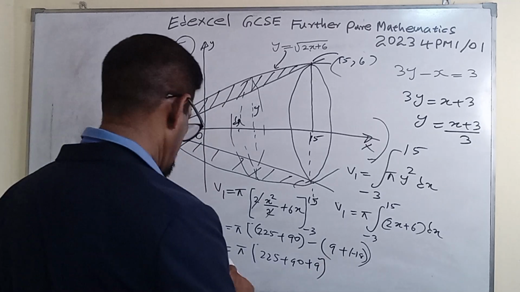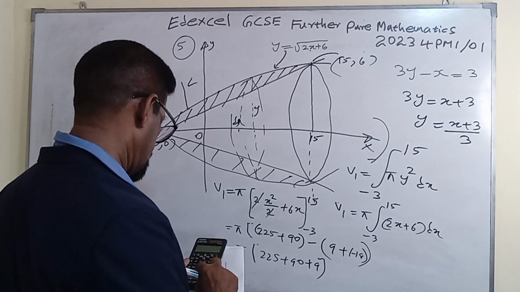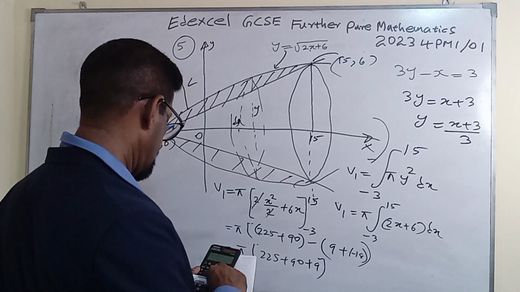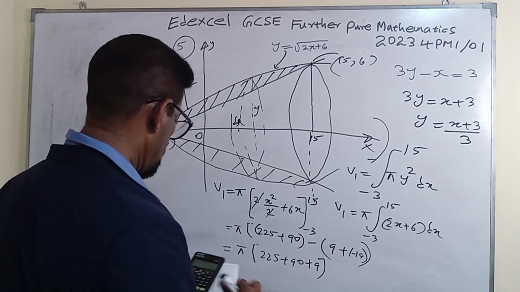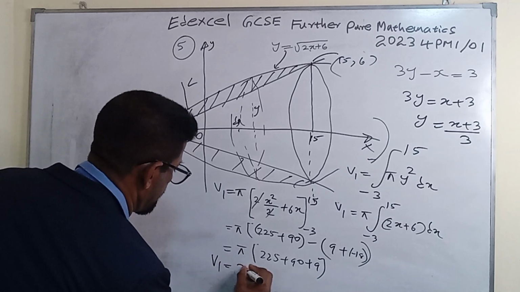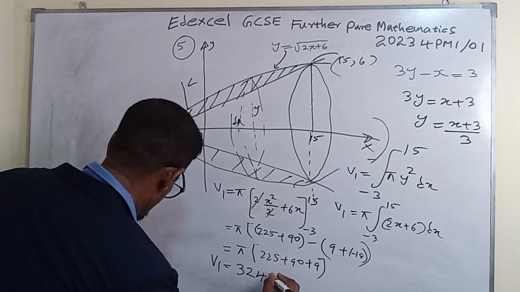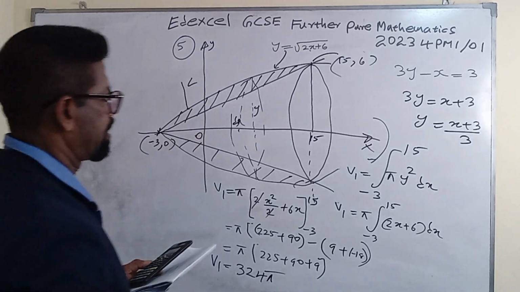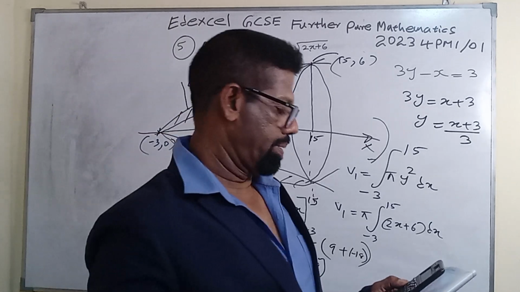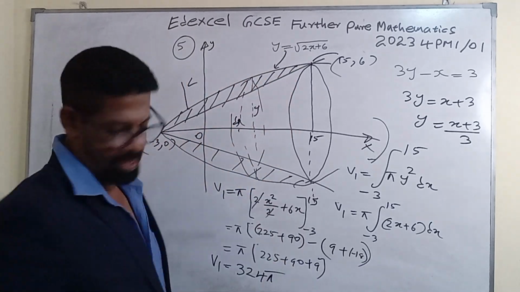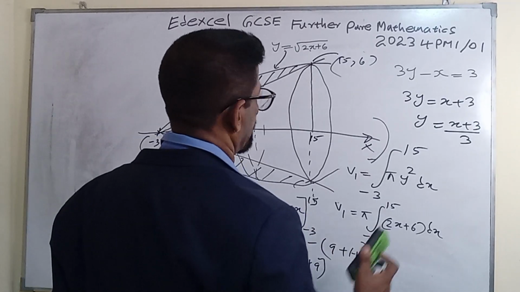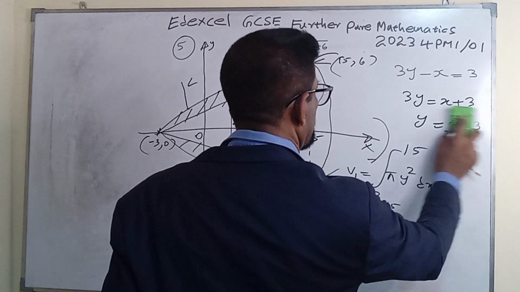So V1 comes 324 pi. So that is the volume of the curve rotated about the x-axis. I think you can understand, so we are going to erase that.